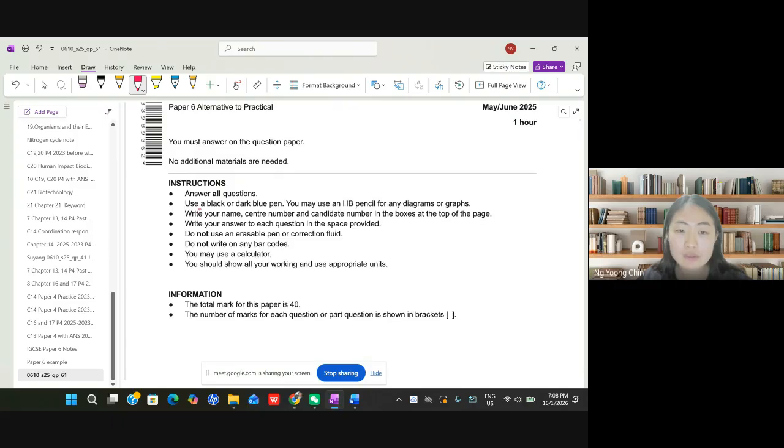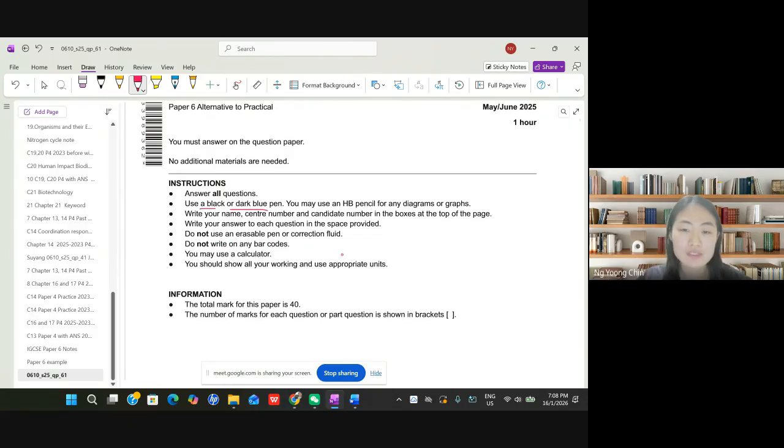Use black or dark blue pens, or you may use a pencil. You can use a pencil to draw the diagram because at least one question will come out with a diagram that you need to draw out. Write your name and centre number, which you already know, and write your answer to each question in the space provided. Do not use erasable pens or correction fluid.